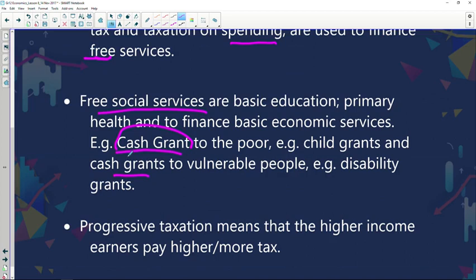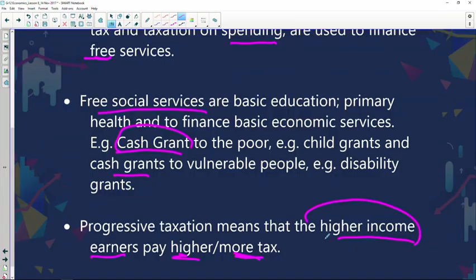In a progressive taxation system, the higher income earners pay more income tax. The more money you earn, the more tax you will pay. Like that song that says the more money you come across, the more problems you see.